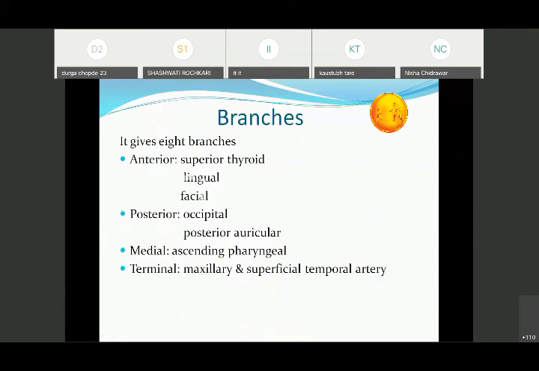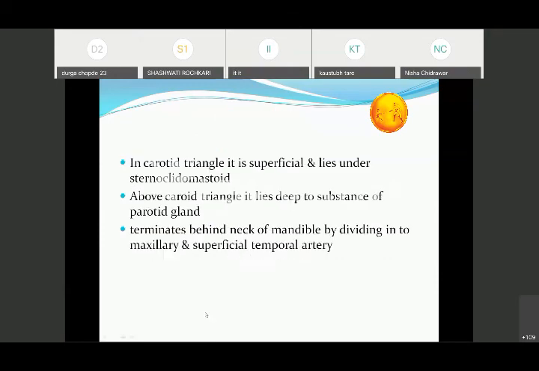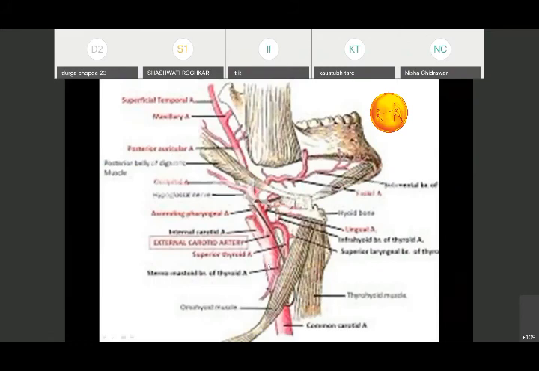Anteriorly, it gives the superior thyroid artery, which supplies the thyroid gland. Then the lingual artery and facial artery. The lingual artery will supply the tongue. The facial will supply the facial muscles. And posteriorly, it gives 2 branches, the posterior auricular and occipital.